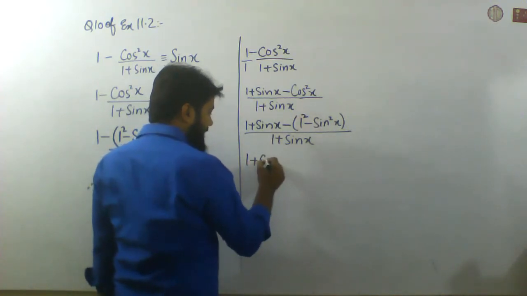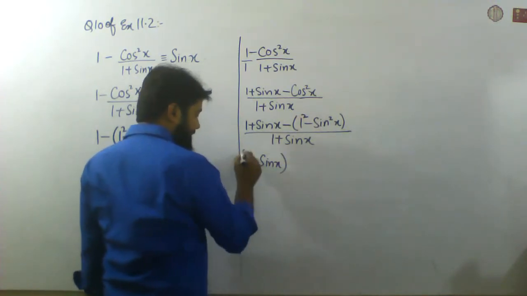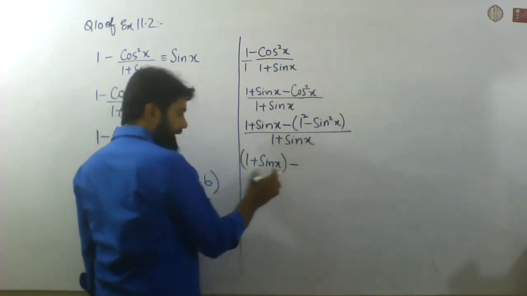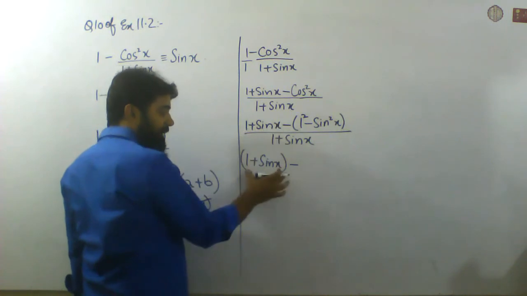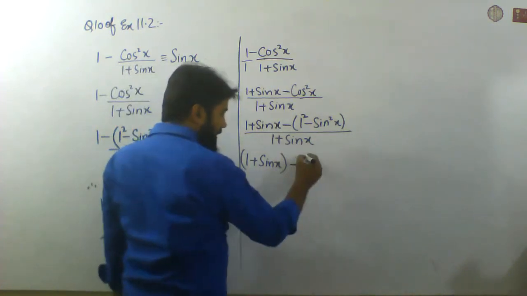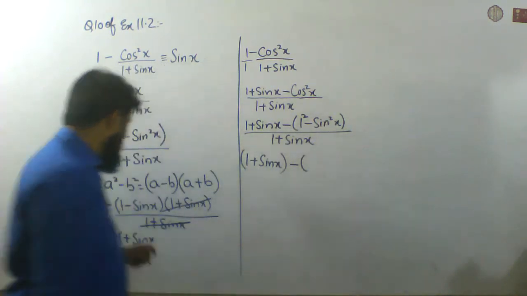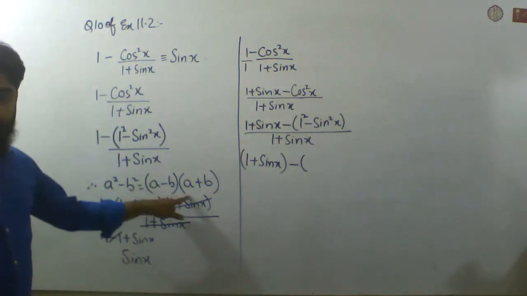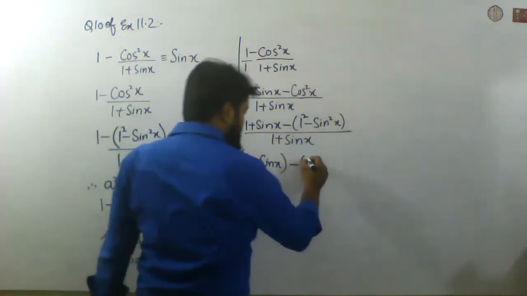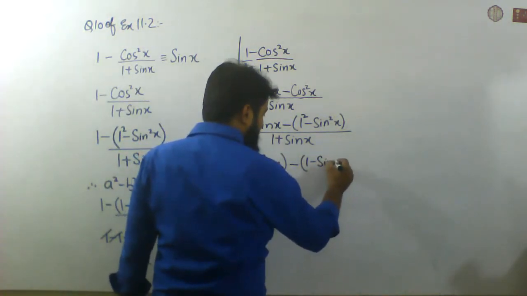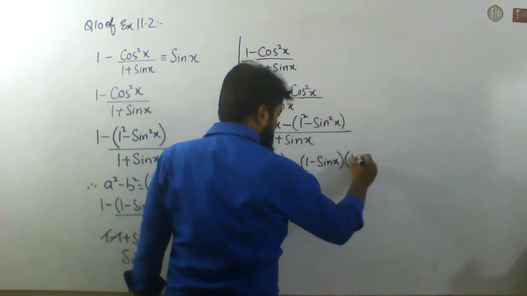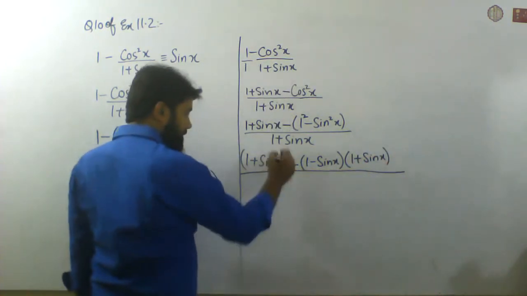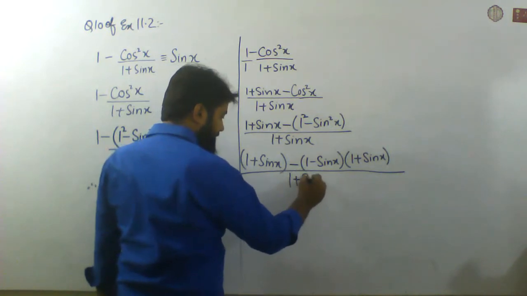It doesn't make any difference if you write it with a bracket or without. Now when I expand it again, I am going to use the formula a square minus b square equals a minus b into a plus b. So (1 minus sin x) into (1 plus sin x) upon 1 plus sin x.